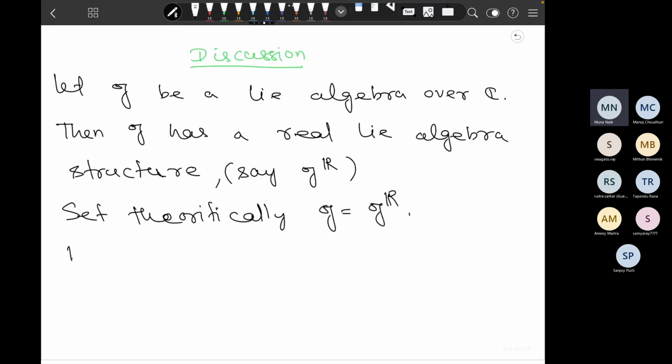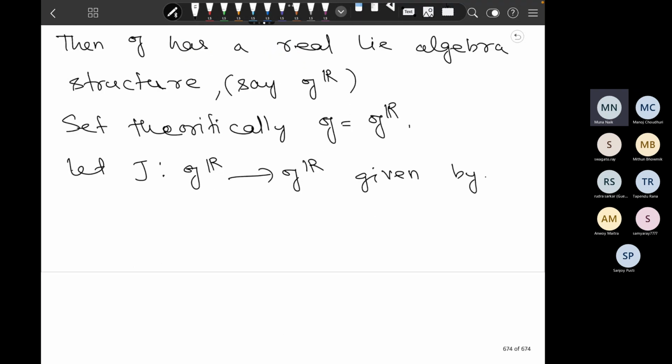Now let J be the map from G_R to G_R given by J of X equal to i times X, X belongs to G_R.